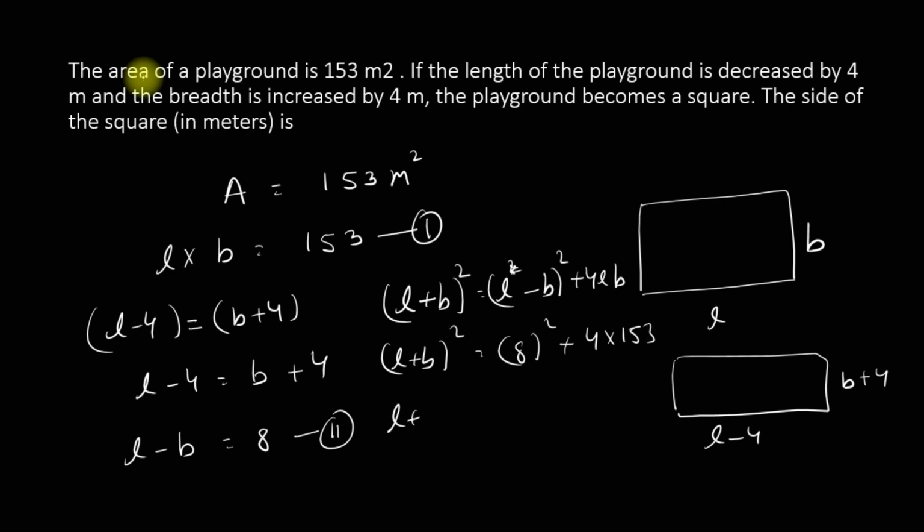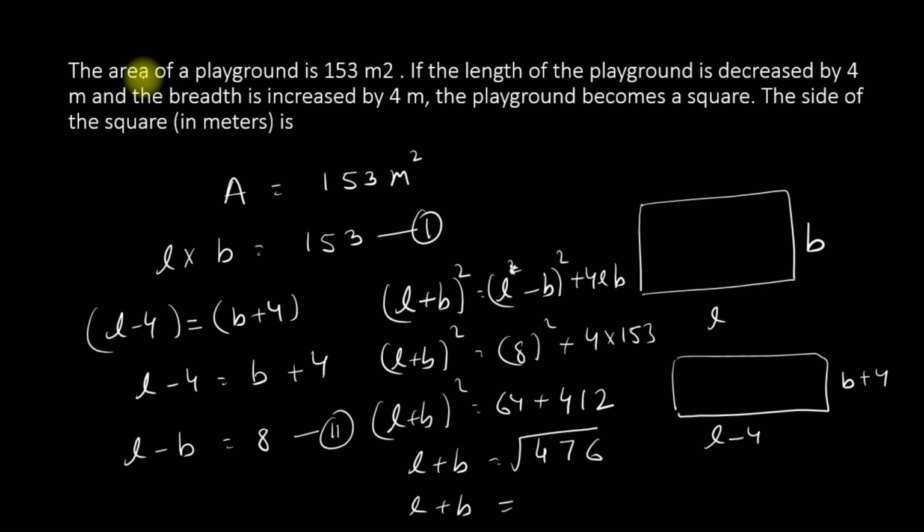So L plus B square is equal to 64 plus 612, so this is equal to 676. So this is equal to under root 676. So we have L plus B is equal to plus minus 26, but we have to take the positive value. So L plus B is equal to 26.